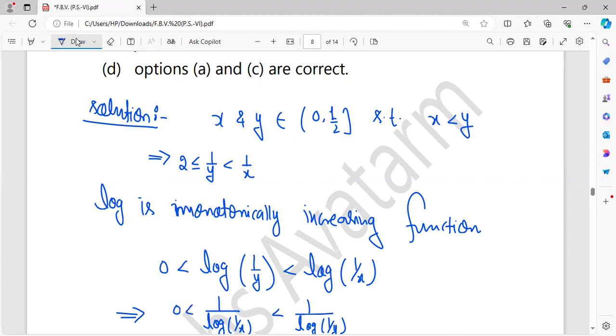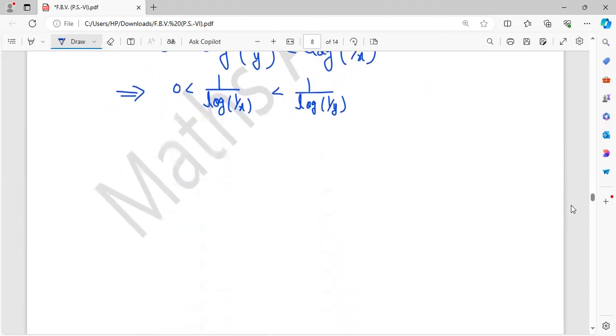That is why I can change the inequality. So this is for all x, y belonging to 0 to 1 by 2 such that x is less than y.